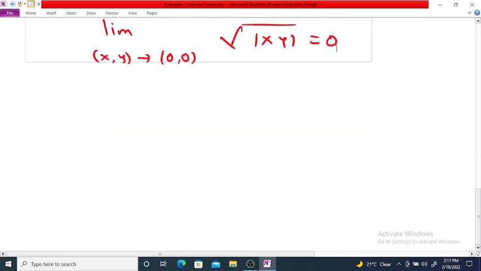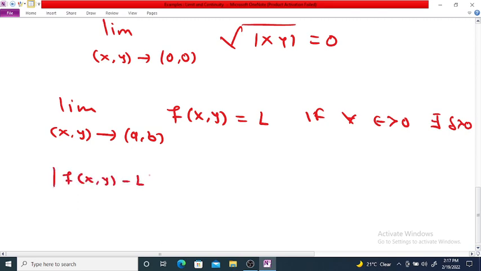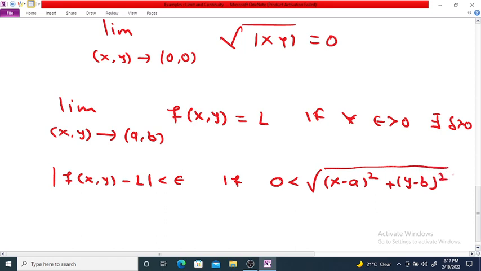Now we can say that the limit as x, y tends to a, b of f of x, y is equal to L if for every epsilon greater than 0 there exists a delta greater than 0 such that mod of f of x, y minus L is less than epsilon if 0 is less than the square root of (x minus a) square plus (y minus b) square, which is less than delta.